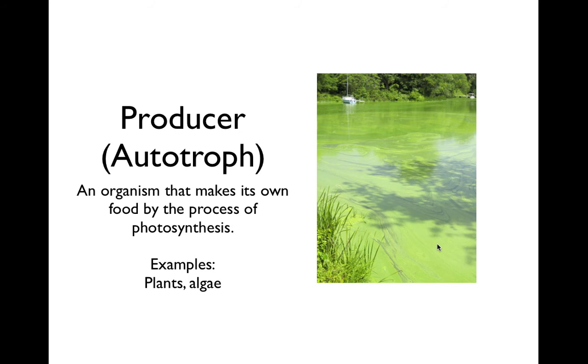Autotroph is a word that means kind of self-energy, right? It can make its own energy using photosynthesis. We'll talk more about what photosynthesis is, especially when we start talking about different cycles, but we've had some exposure to photosynthesis before. Plants are very important for that reason.